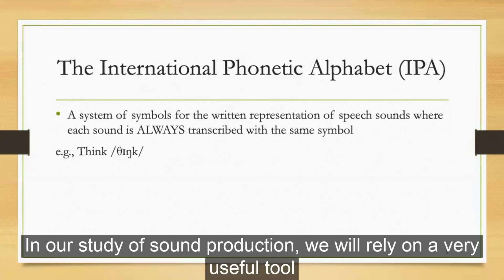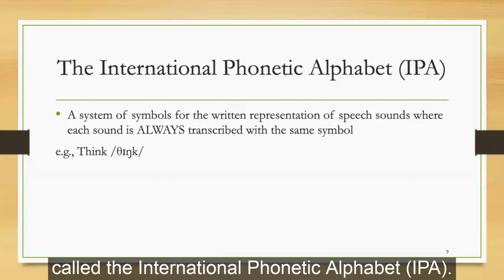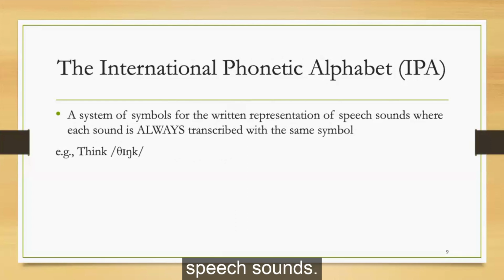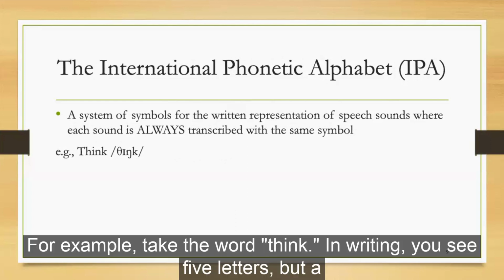In our study of sound production, we will rely on a very useful tool called the International Phonetic Alphabet, IPA. The IPA is a system of symbols used for the written representation of speech sounds. For example, take the word think.